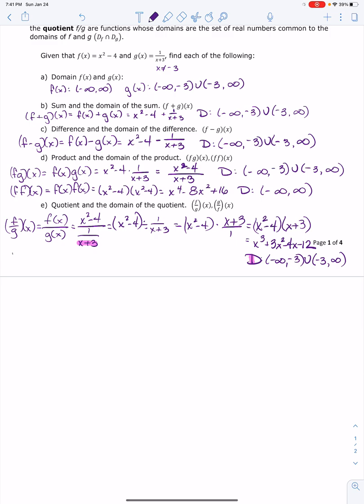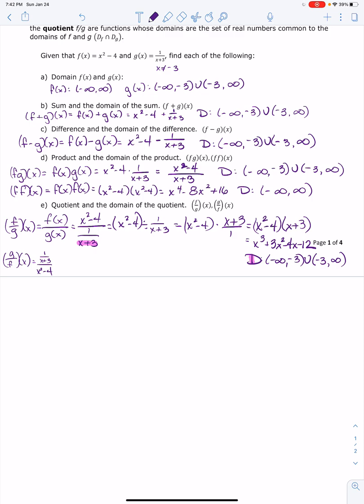If we go the other way, g over f of x, I have 1 over x plus 3 all over x squared minus 4. Notice what this is doing here. I've got the problem with the negative 3, the denominator in the numerator. I also have an issue now with that x squared minus 4. So the 2 and negative 2 that would make that 0 gives us a 0 in the denominator.